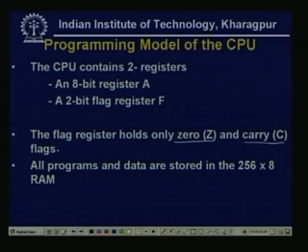All programs and data are stored in a memory, and the memory is a 256 by 8-bit RAM.